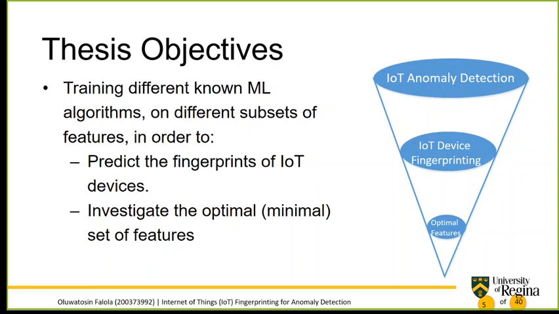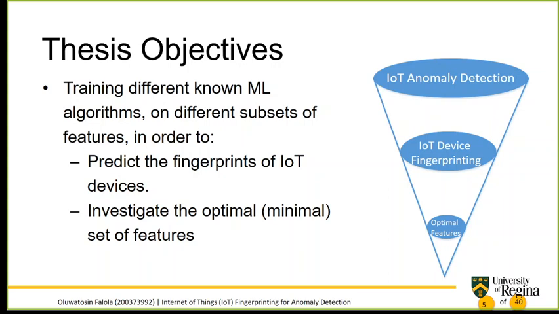Now the objectives of my research work are that we want to train different known machine learning algorithms on different subsets of features in order to predict the fingerprints of IoT devices.